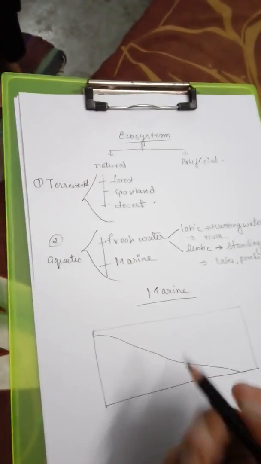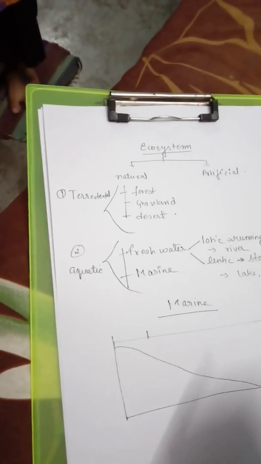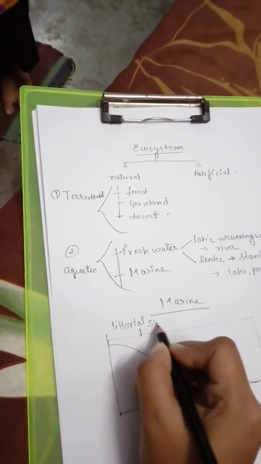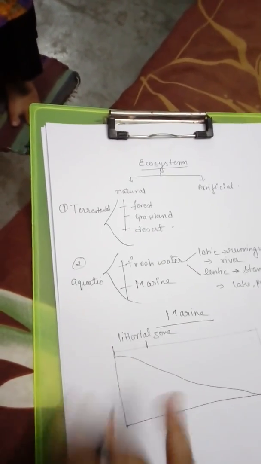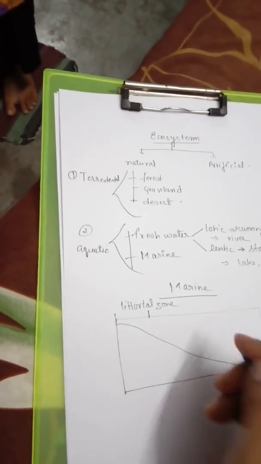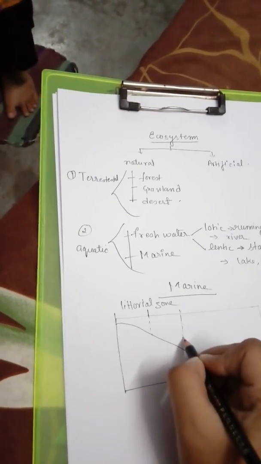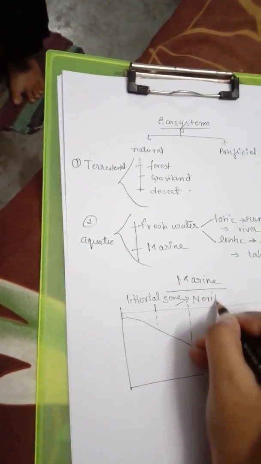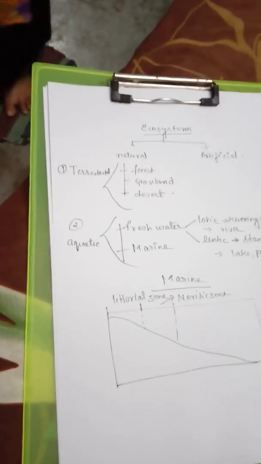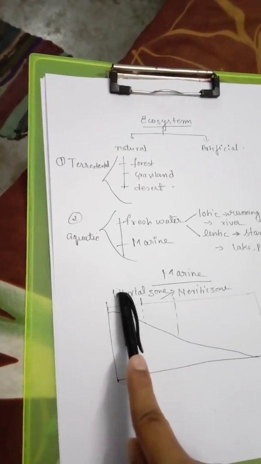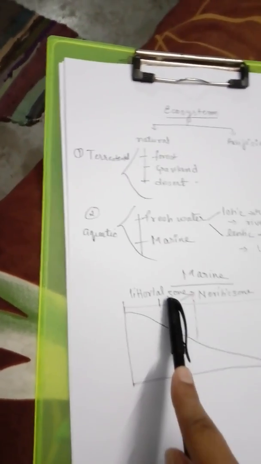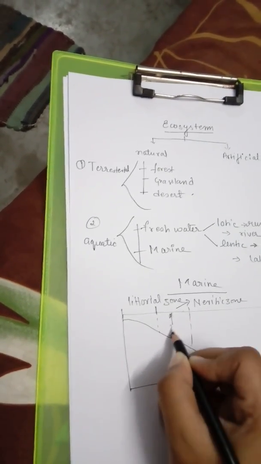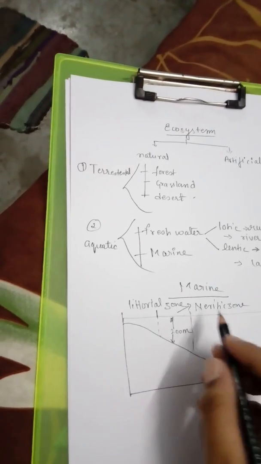After that, this area is called the neritic zone. The neritic zone is 200 meters deep.